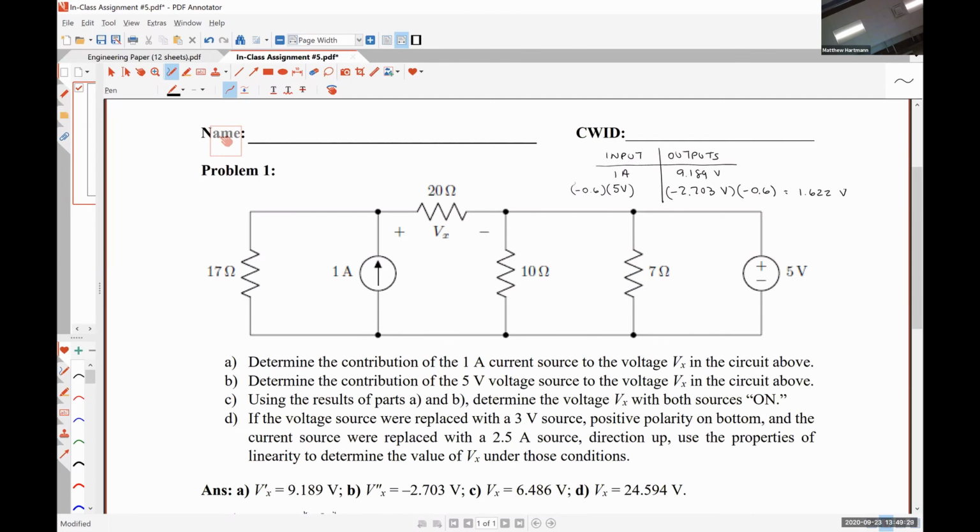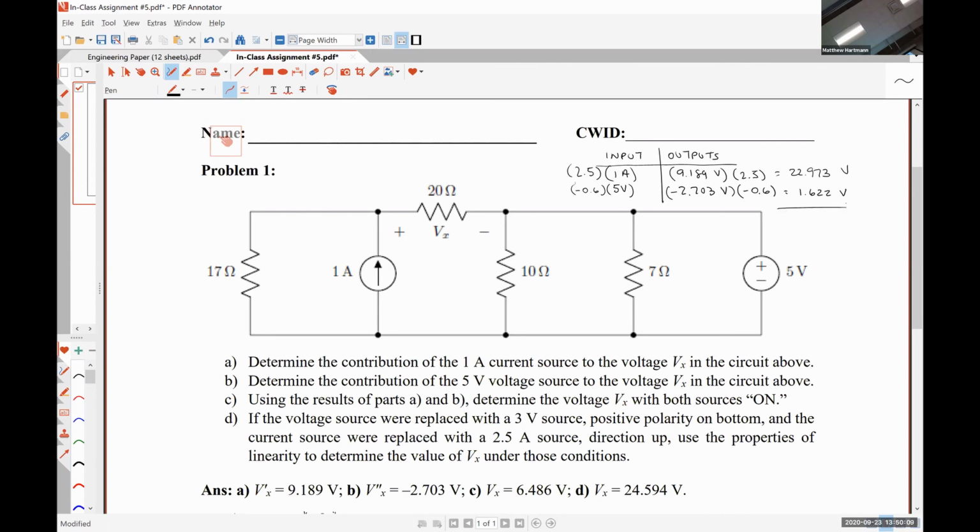Now, the next part of the problem statement says the current source is being replaced by a 2.5 amp source, direction up. So what's the scaling factor that we're applying to our current source? Positive 2.5, right? The direction's the same, so we don't need to change the sign. So if we multiply our input by 2.5, we can also multiply our output by a factor of 2.5. 9.189 times 2.5 is 22.973 volts.